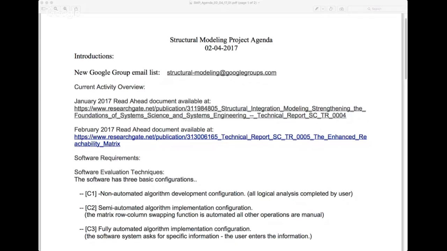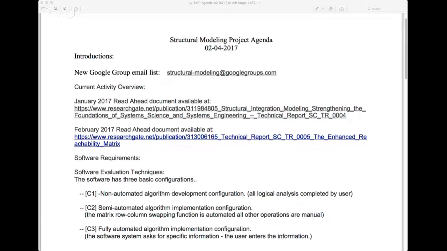We also did the enhanced reachability matrix for the February read-ahead. We hope to bring the size of the documents down, but they seem to be between 25 and 35 pages right now. So we'll see what we can do to get them a little shorter.